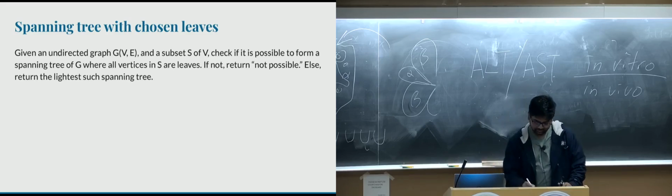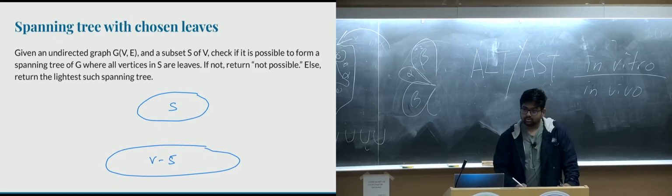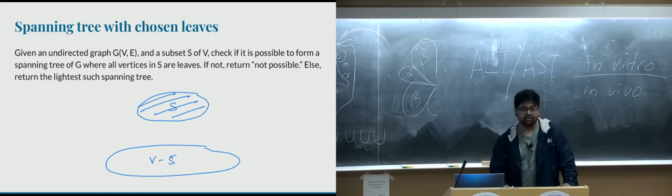So what it basically means is something like this. Let's say this is our set S, and this will be V minus S. These vertices in S have to be the leaves of the spanning tree, and you want to cover all the vertices.